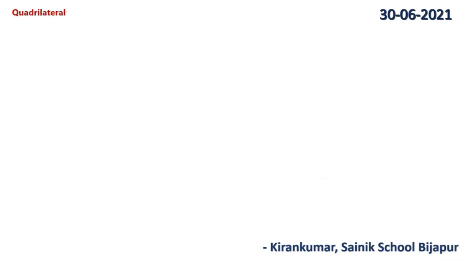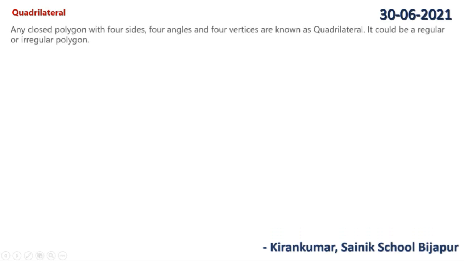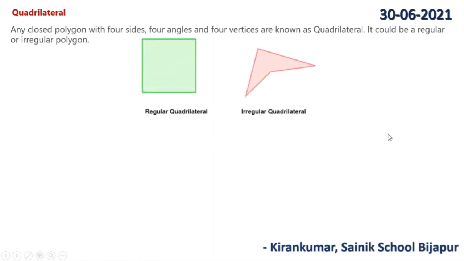Let us take up the quadrilateral. Any closed polygon with 4 sides, 4 angles and 4 vertices is known as a quadrilateral. It could be a regular or irregular polygon. A regular quadrilateral will have all the 4 sides equal.